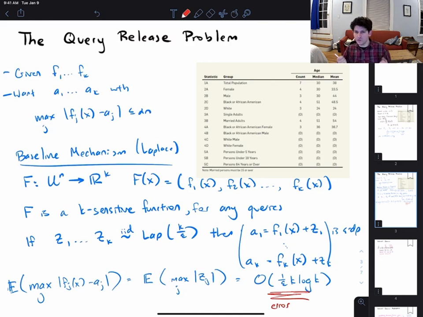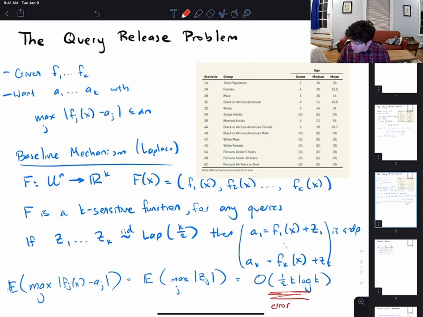But what I want to do is show you one example of the query release problem where we can do a lot better than this baseline solution, and give some taste of how we can do it by exploiting structure in the queries. It's one instance of the query release problem that's interesting in its own right.